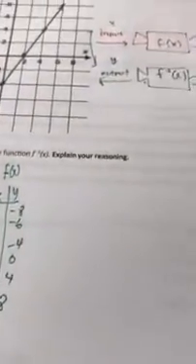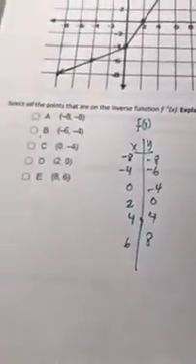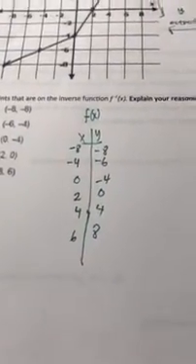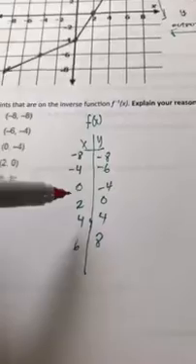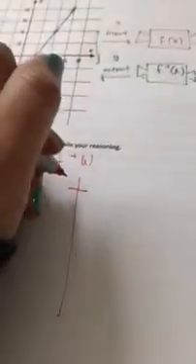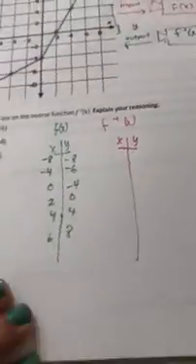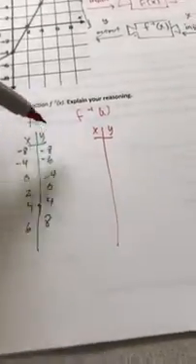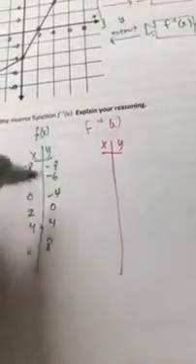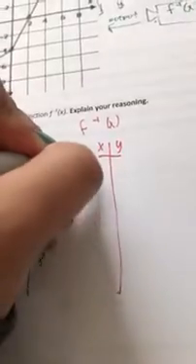So if we're going to go ahead and find the points on the inverse function, all we're doing is switching the x and y coordinates. What I mean by that looks like this. My output is now my input, so all the y values become x values.